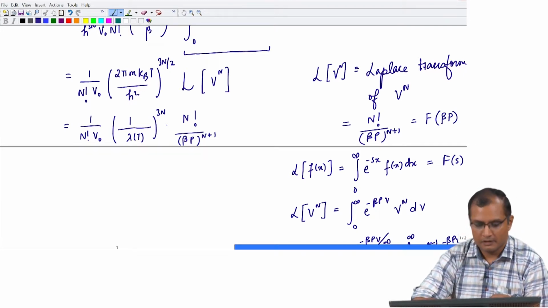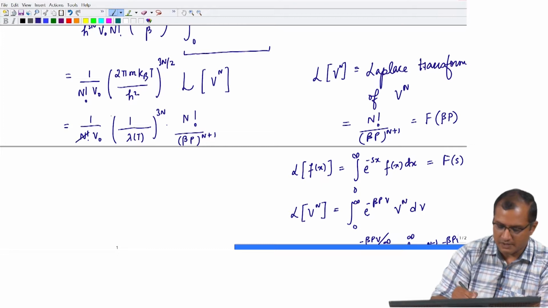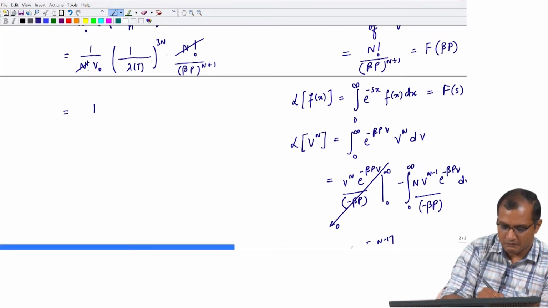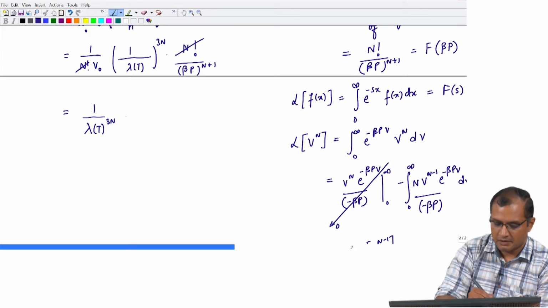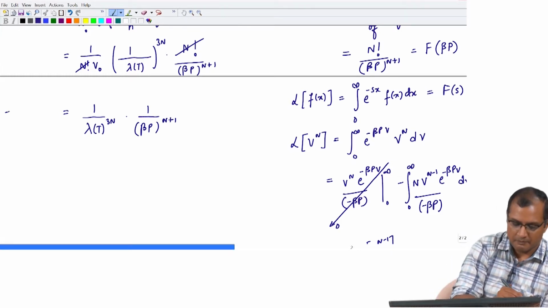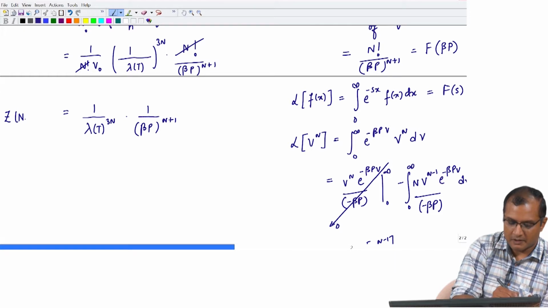Okay, and you can knock off these 2 n factorials now. So, what you have is just 1 upon lambda to the power 3n into 1 upon beta p to the power n plus 1. Now, this is your Gibbs canonical partition function.